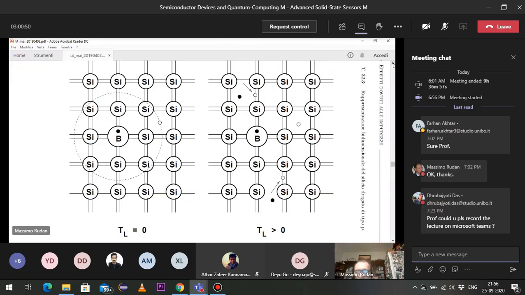Instead, phosphorus, you remember, provides negative charges, that is electrons, to the conduction band, and for this reason we call phosphorus, or the other materials of the fifth column, n-type dopants. So we have the possibility of doping silicon with either P or N, and as you know, in the technological application, both types are used in different regions of the material.